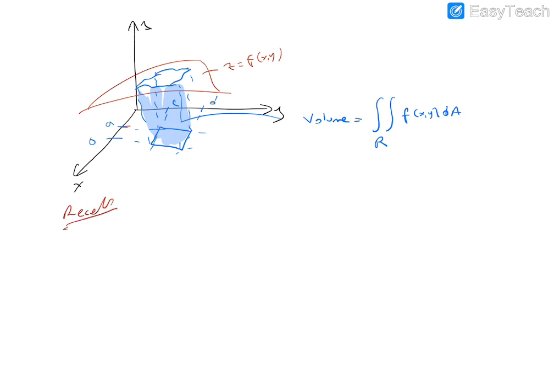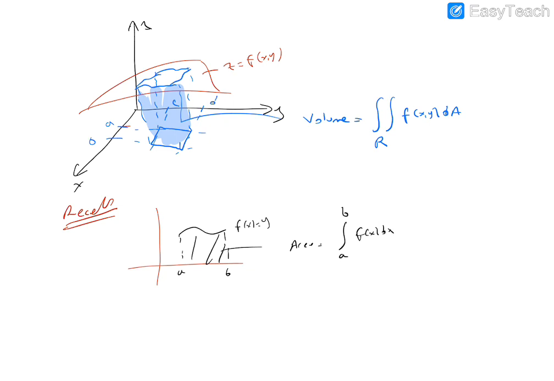Recall please. We have a graph of some function y equals f of x. So x changes from A to B. So this area is the integral from A to B of f of x dx. So here we have a two variable function. So the double integral of the two variable function gives us the volume of the solid. Okay, like this one.